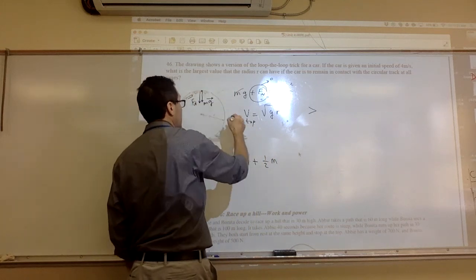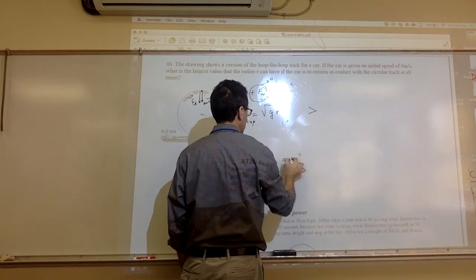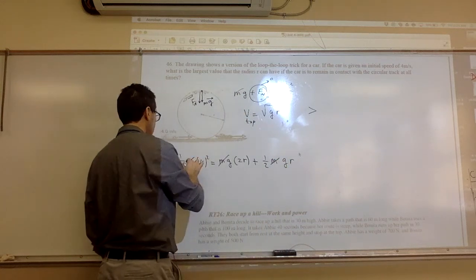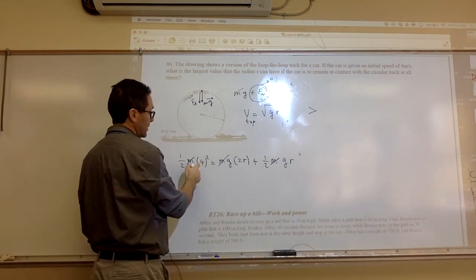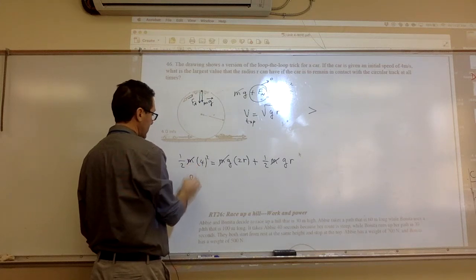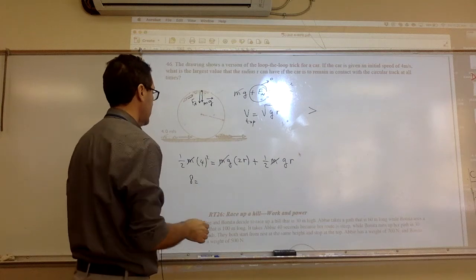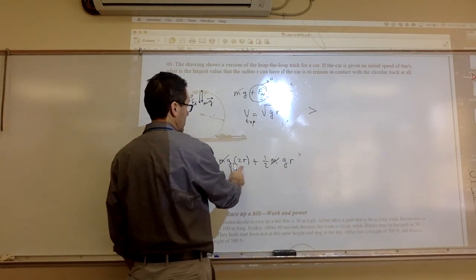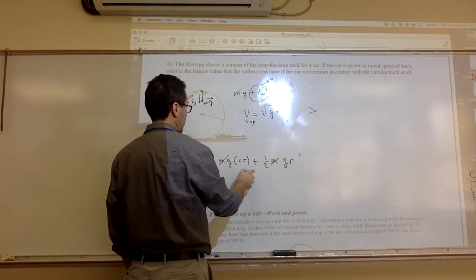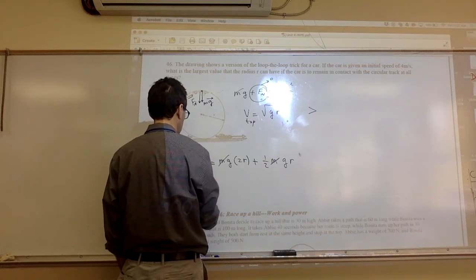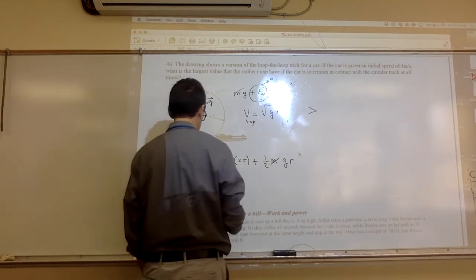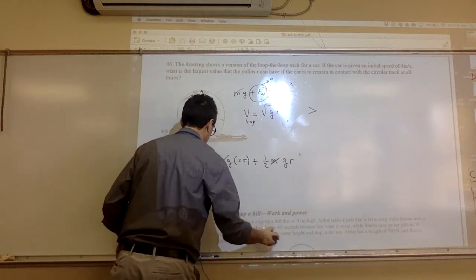Well, that's the v at the top, so v squared is just going to be gr. So we can divide by the mass. So this should give us 8 equals, now I have 2 grs and I have half a gr, so that's 5/2 gr, right? So I think I can put in a 10 here.